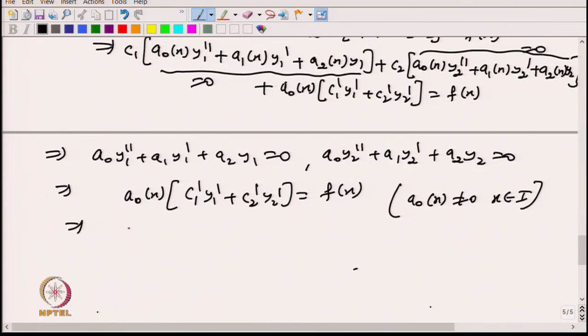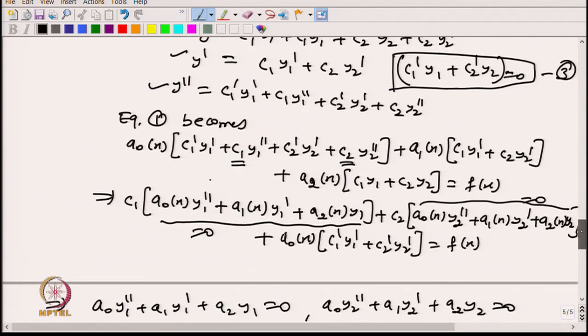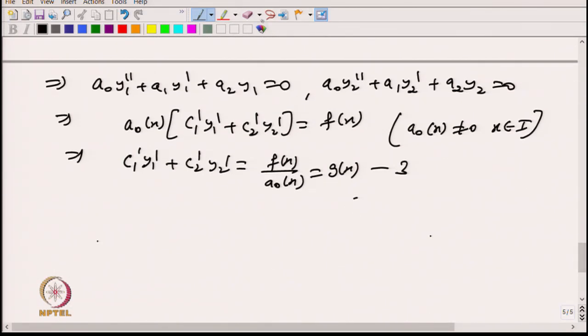So I can write this as c1' y1' plus c2' y2' is equal to f(x) divided by a0(x). We call this a new function, let us call it g(x). I will call it equation number 4.